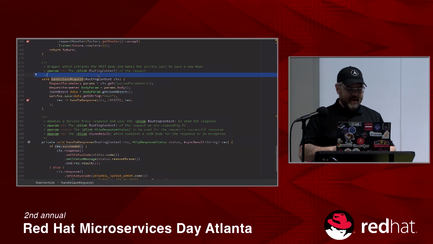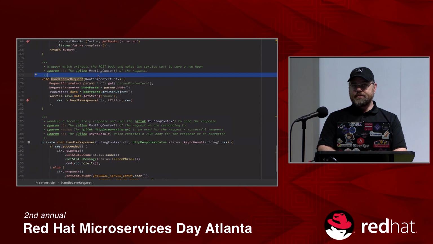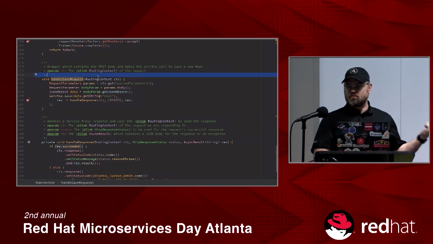All right. Vert.X really, if you're writing a Vert.X application from scratch, it's a completely new programming paradigm for most of us coming from a Java background. It's relatively similar if you're coming from a Node or an Erlang background to how they operate.